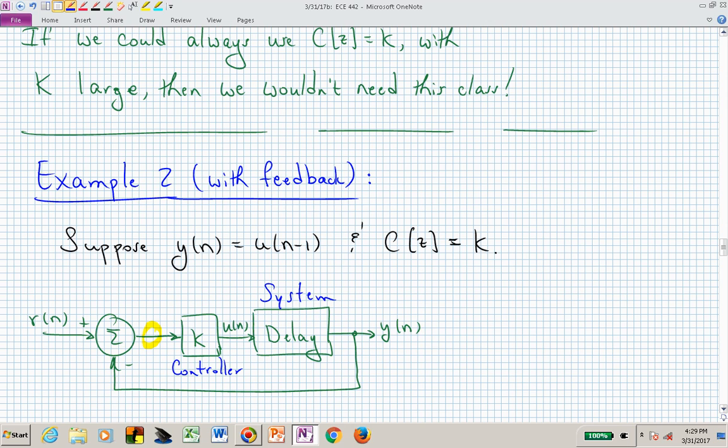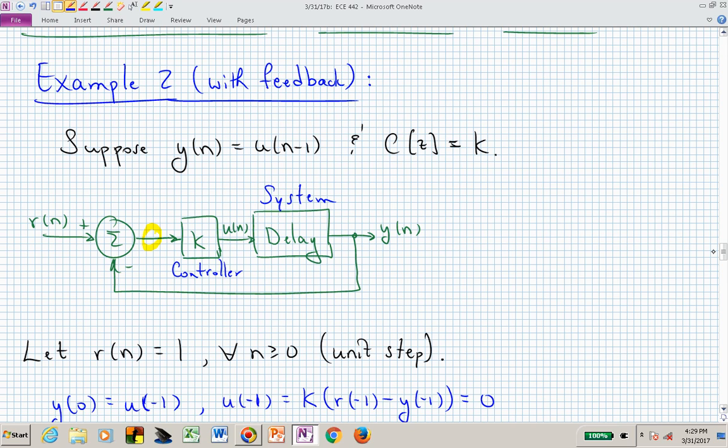We put in an input u, wait one period, and the output will equal that input. And let's assume that we have our controller C of z as some value K, like we did before. It seemed to work before. Let's see what happens now. But now our system is not just a gain. It now has some dynamics. It has some memory. It is remembering what was injected one time stamp, or one sample period, before.